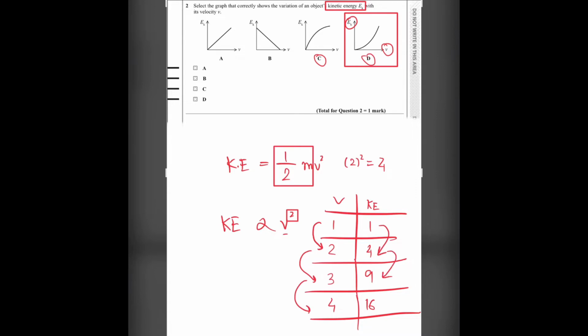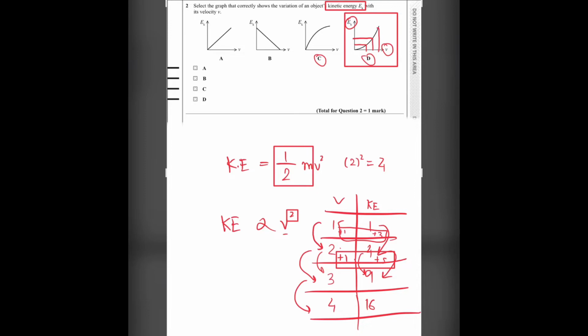When we go from 1 to 2, we go from 1 to 4. When we go from 2 to 3, we go from 4 to 9. So the increments here are plus 1 and here plus 5. Here it's plus 1 and here plus 3. Clearly plus 1 is less than plus 3 and plus 1 is less than plus 5, so for each increment it will have a greater increment in Ke.